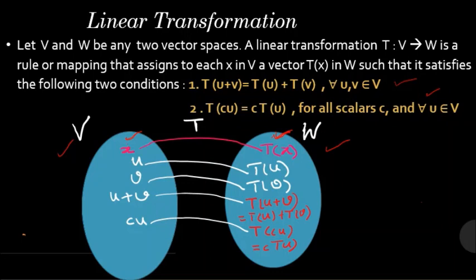So here I take two vectors u and v from the domain. Whenever u is there, I will have T of u here. Whenever v is there, I will have T of v here.